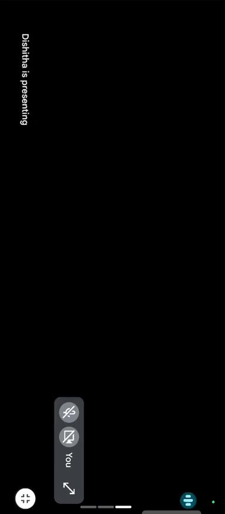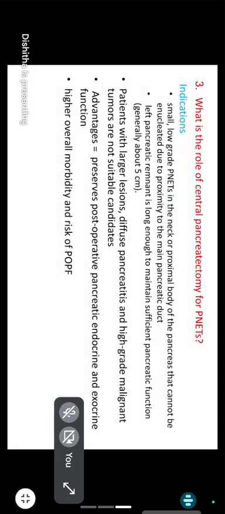So, what is the role of central pancreatectomy? Indication for central pancreatectomy is when it is a small, low-grade PNET in the neck or body of the pancreas that cannot be enucleated because it is very close to the MPD, and the left pancreatic remnant is long enough to maintain sufficient pancreatic function. So we don't have to do a long left-sided resection, and we can preserve the pancreatic parenchyma.